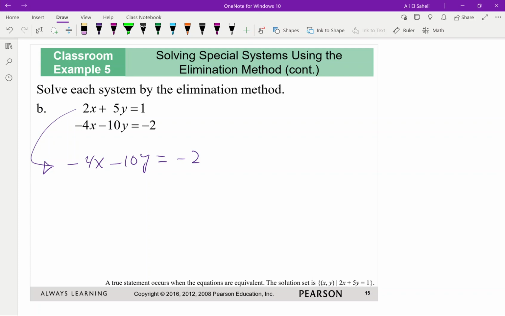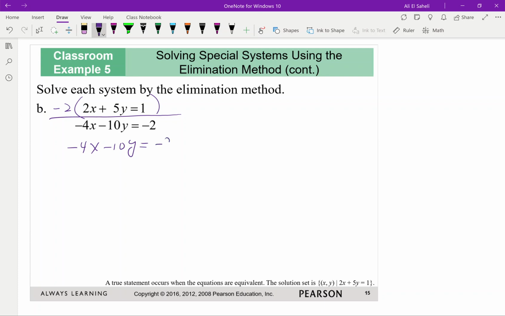Alright, so the solution, okay, if you want to do it as before, multiply the first equation by minus 2. So what do we get? We get minus 4x minus 10y equals minus 2. Now add these two equations, you get 0 plus 0 equals 0.